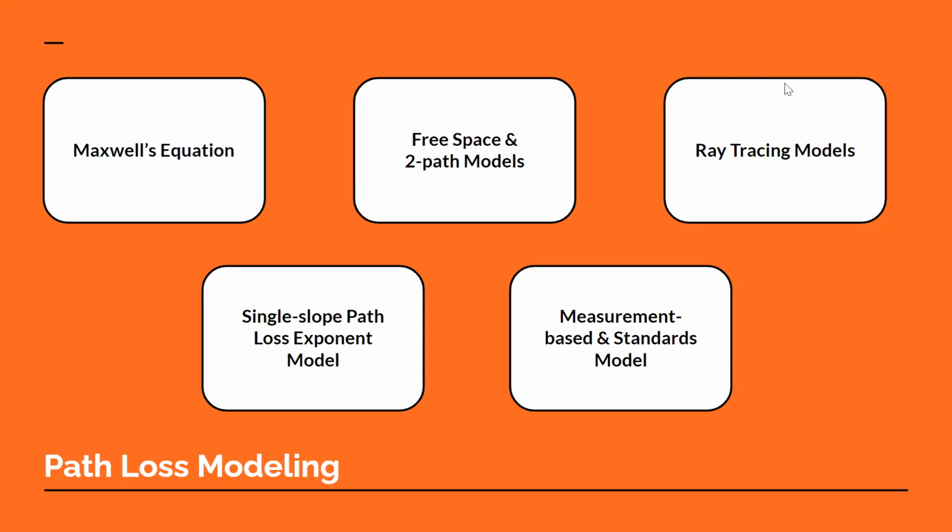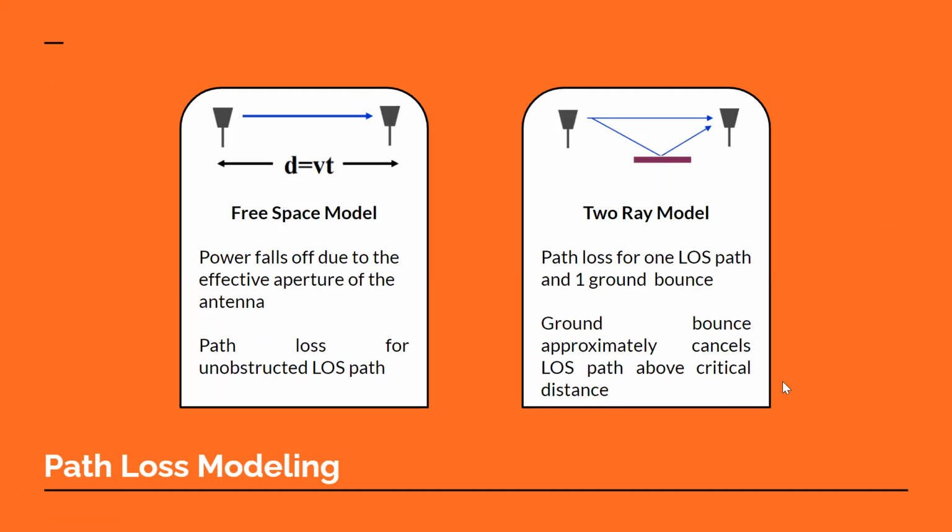So we jump to the next one, ray tracing models, but it requires site-specific information. And then we go to the measurement-based model. It is not so accurate. It is used to assess different designs. And the last one is the single slope path loss exponent model. It is good for high level analysis use.